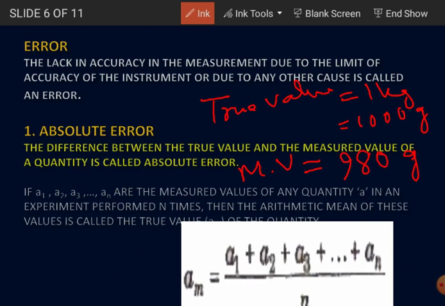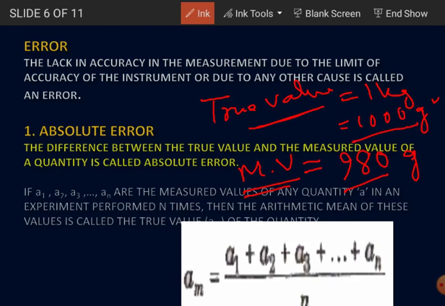So what is the measured value? The measured value is 980 gram. True value is 1000 gram. So the difference between this true value and the measured value we call the absolute error in that measurement. Absolute error means the difference between the true value and the measured value. Difference means larger value minus smaller value.